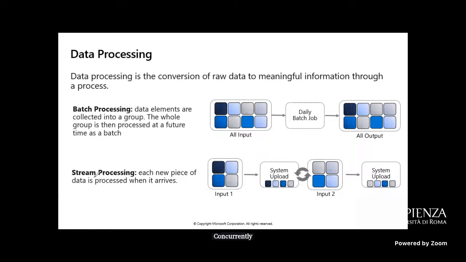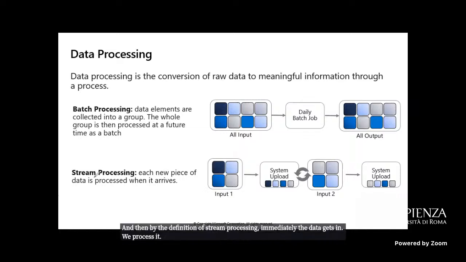But that will be false, because by the definition of batch processing, the data has to be collected and then later processed. And by the definition of stream processing, immediately the data gets in, we process it.